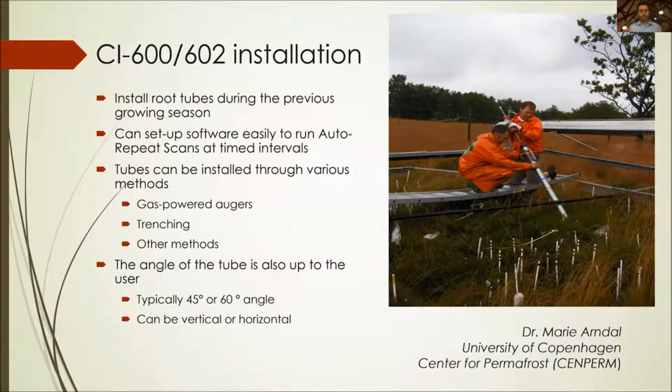But what you can also do, if you want to do a single location and scan over a long amount of time, is tell the software to do repeated scans, either 5 minutes, 15 minutes, up to 12 hours. Once you put that in, the scanner will just sit there, and every, say, 5 minutes, it will make a scan of the roots, again for 12 hours. You can do this as long as it's plugged into a computer and the computer has power.